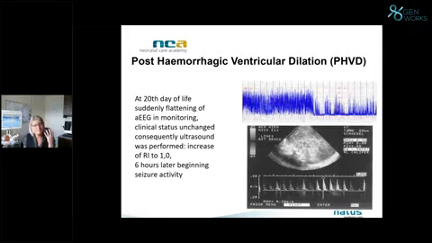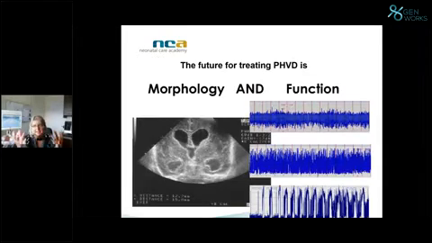So the point about this case really is going back to what I said earlier about morphology and function. You have to beg the question: is this the future for thinking about post-hemorrhagic ventricular dilatation? Because we can see the dilated ventricles, we can measure the dilated ventricles.